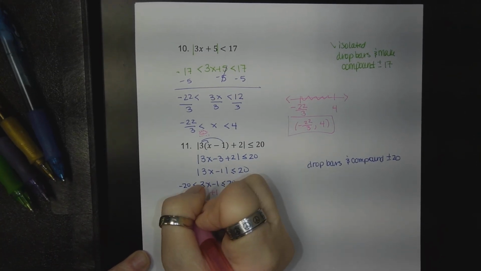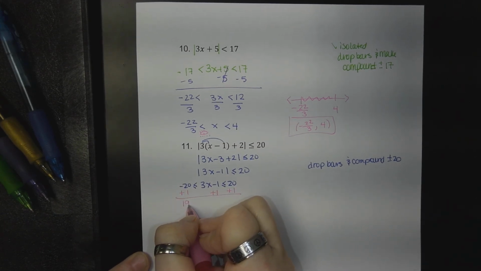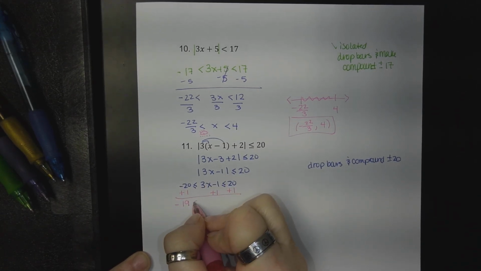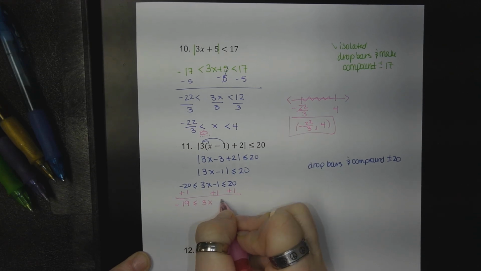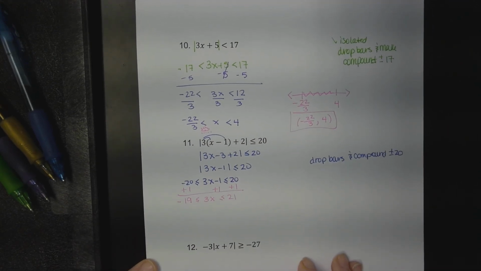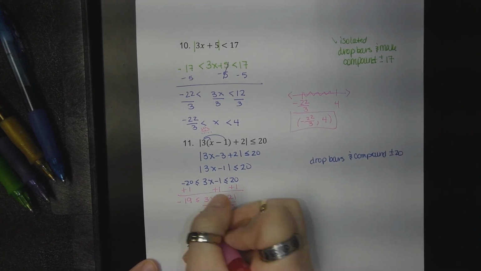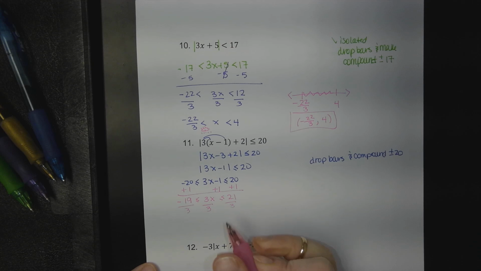What you do to one side, you do to all 3 now. 19, 21. Absolutely, divide by 3. What you do to 1, you do to all.